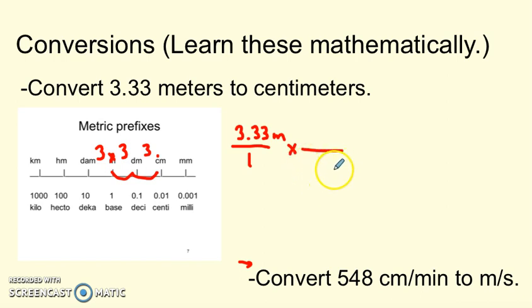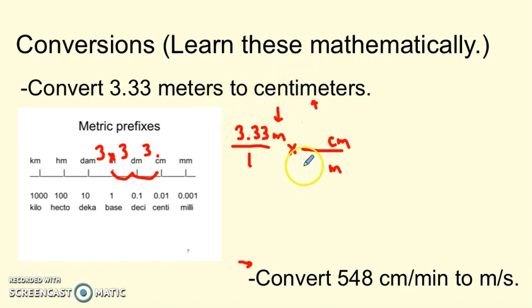You want to get rid of meters, so you're going to put meters on the bottom of the fraction line and cancel meters out. To convert it, what you put on the top is what it will be. On the bottom, you put what it was, and on the top, you put what it will be.